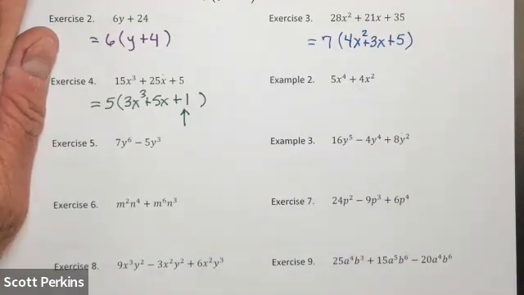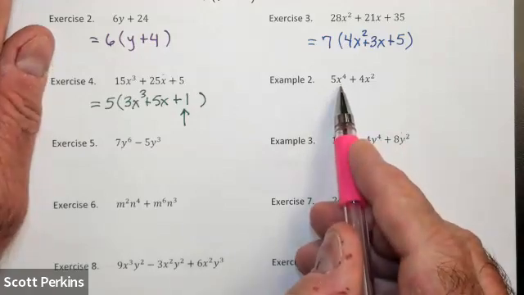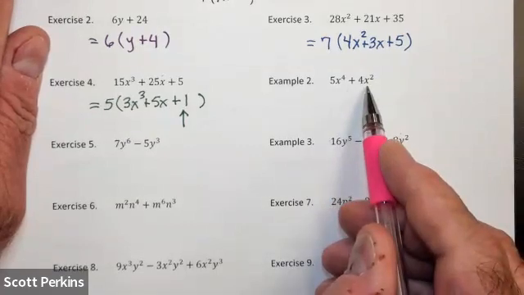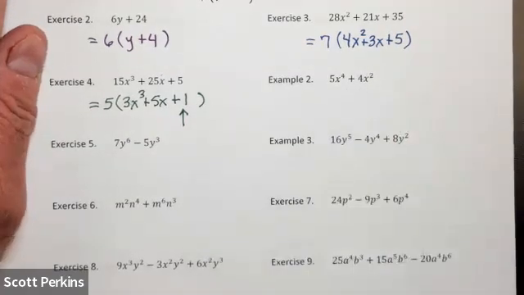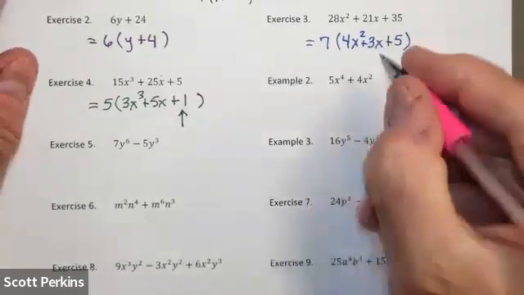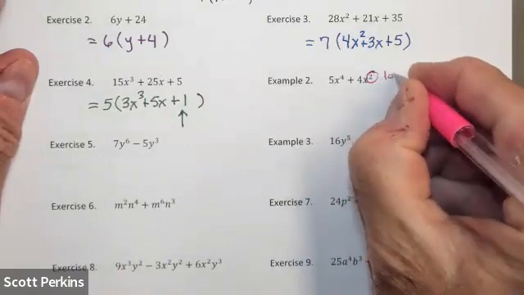But the x's, how many x's does this first term have? 4. How many x's does the second term have? 2. So if I was going to take the same number from both of them, how many can I take from both of them? 2. Yes. Okay. So in general, here is the principle. Notice the lowest power.